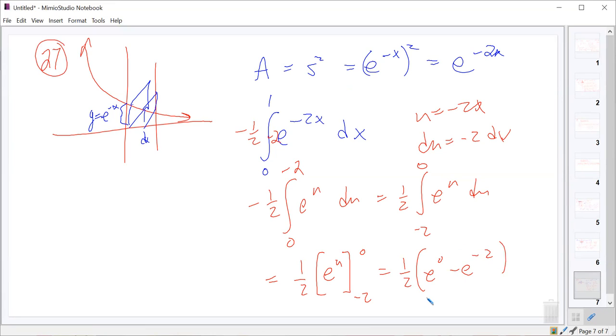And that becomes 1/2 of 1 minus 1 over e squared, which looks like that's choice E.